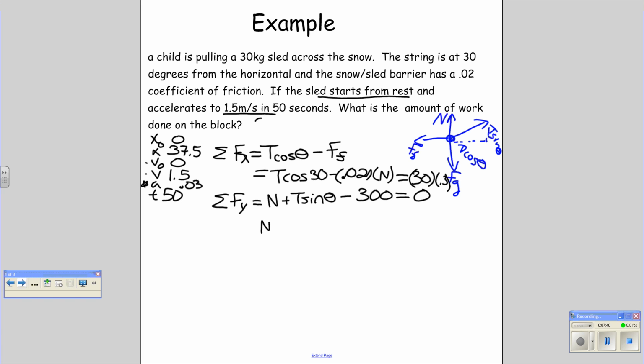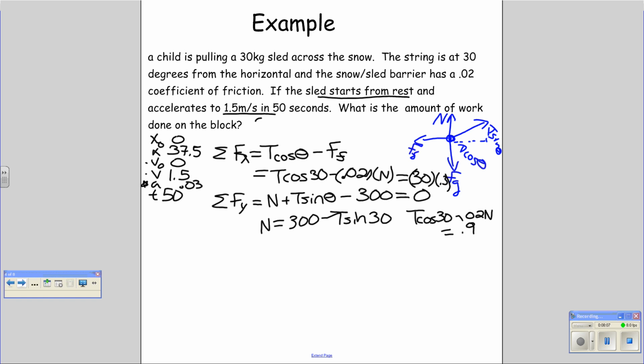So we have n equals 300 minus t sine of 30, and t cosine of 30 minus 0.02n equals 0.9.